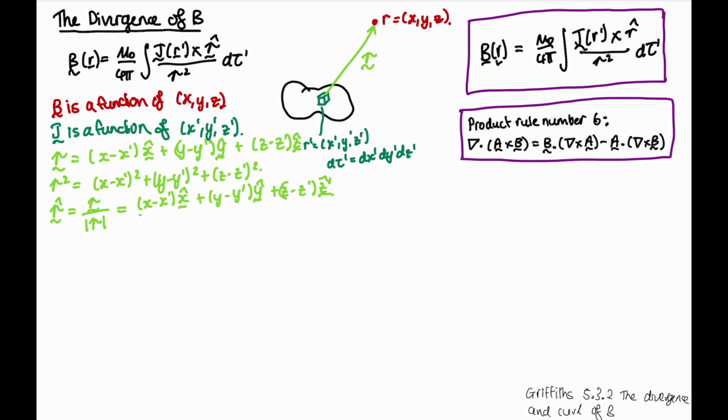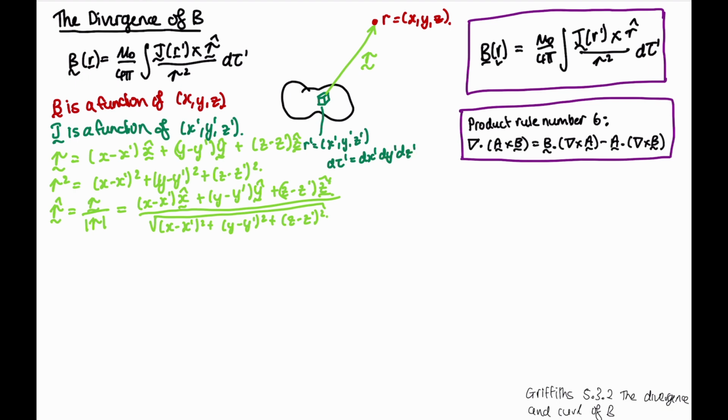And then we need to divide by the square root of x minus x prime squared plus y minus y prime squared plus z minus z prime squared. And d tau in this thing we've written over here is dx prime, dy prime, dz prime.